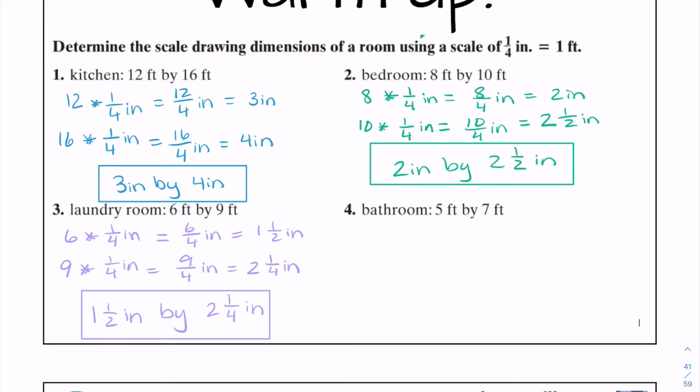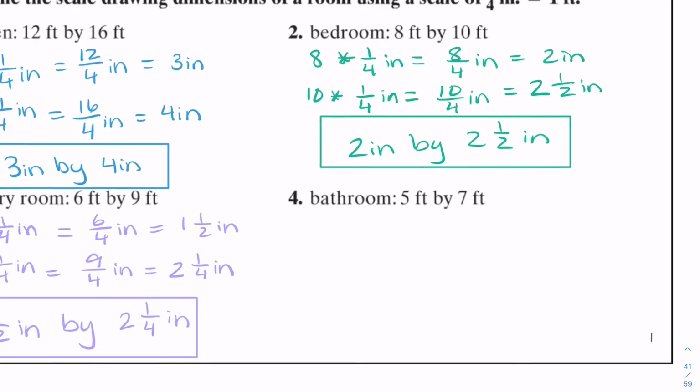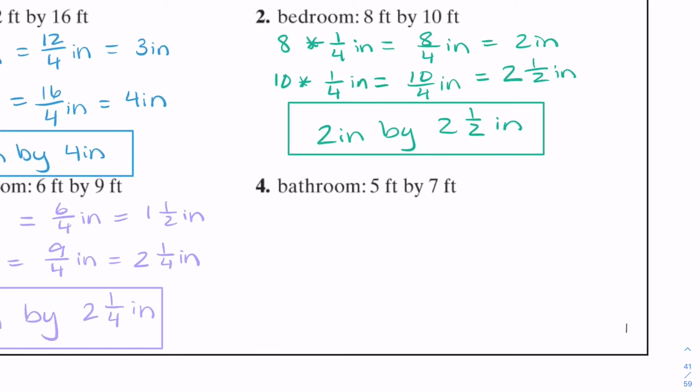making it 9/4 inches. And now we have a bathroom that's 5 by 7, so 5 and 7 by 1/4 inch.